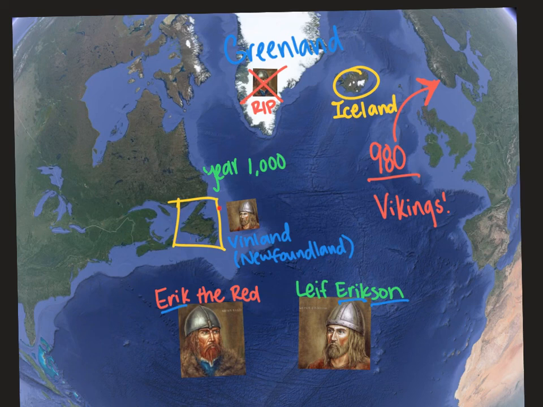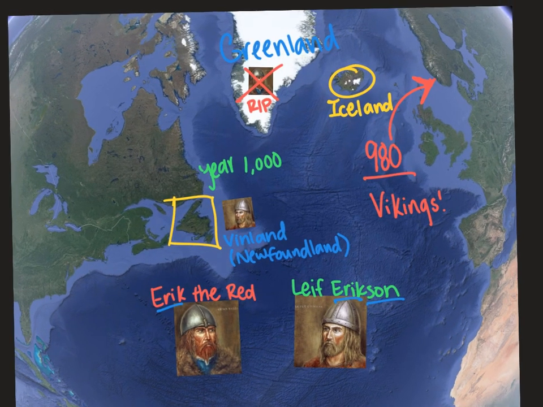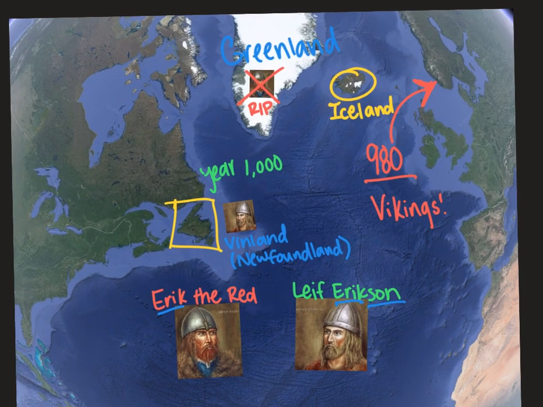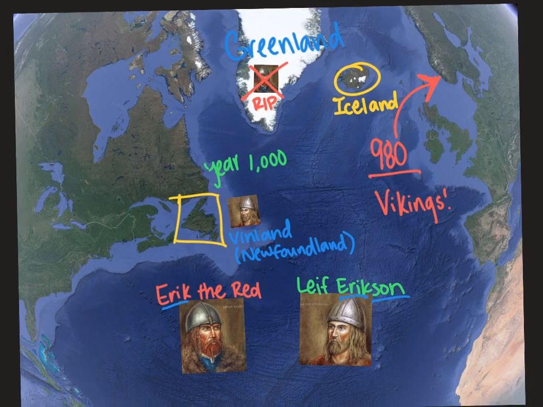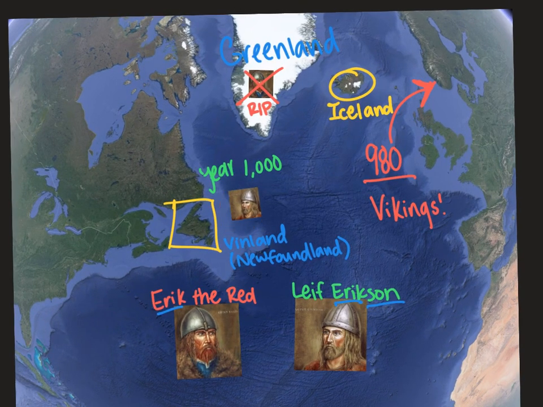There were native people living there, and they started battles with the Vikings, and it ended up resulting in Leif Erikson and the other Vikings saying, well, enough with this, and they ended up leaving Vinland and going back to Greenland and Iceland. So even though they didn't stay there because they ended up having conflict with the natives, they were technically the first ones to find this new land.